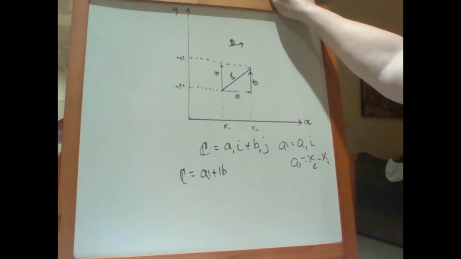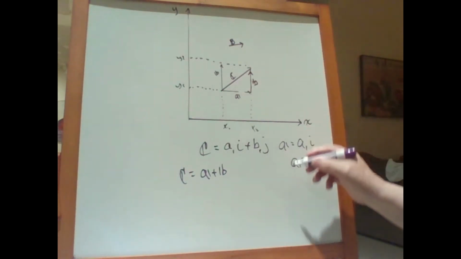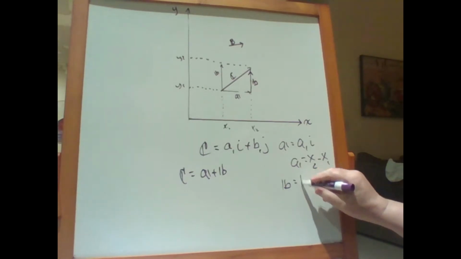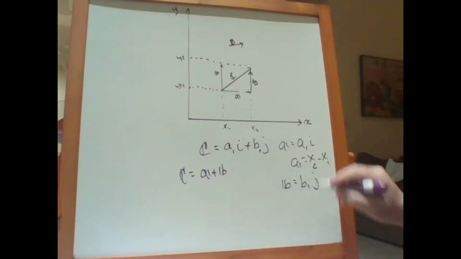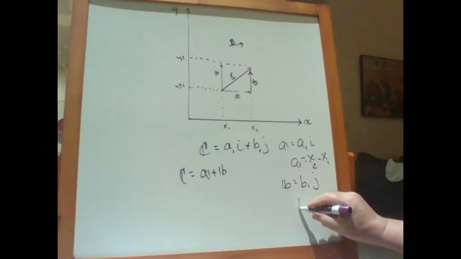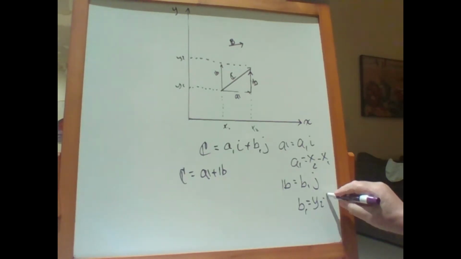It just gives a direction. So B is equal to B1 J, where B1 is Y2 minus Y1.